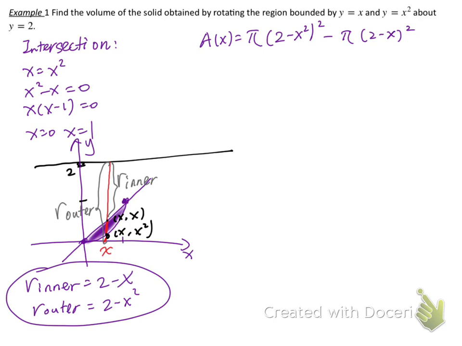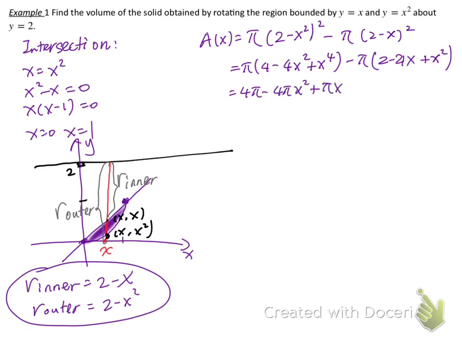So this is pi times 4 minus, I hope you know the perfect square formula, a squared minus 2ab, so 2 times 2 times x squared, 4x squared, plus b squared, x to the 4th, minus pi times 4 minus 4x plus x squared. Same perfect square formula. So 4 pi minus 4 pi x squared plus pi x to the 4th, minus 4 pi plus 4 pi x minus pi x squared.